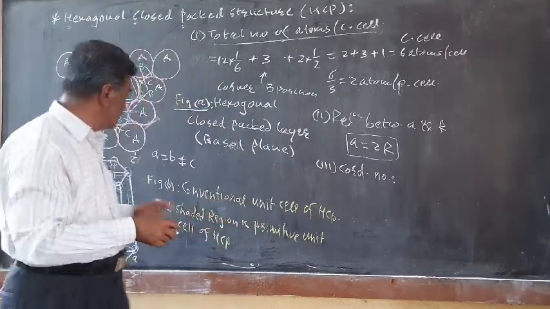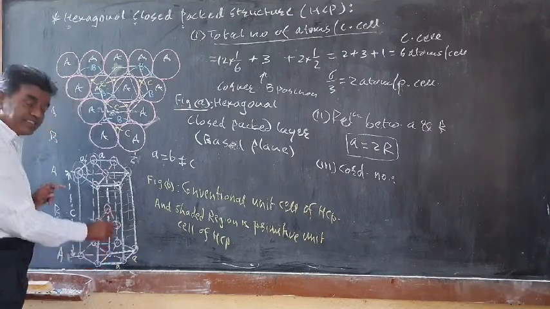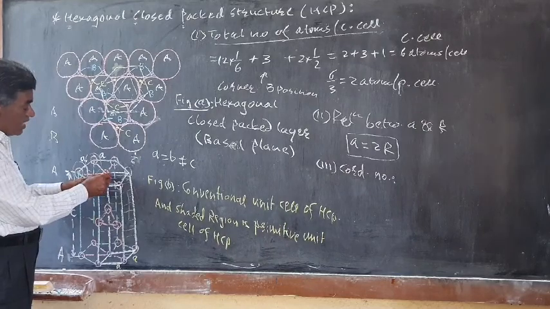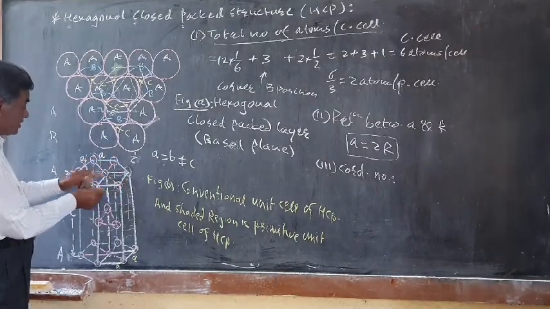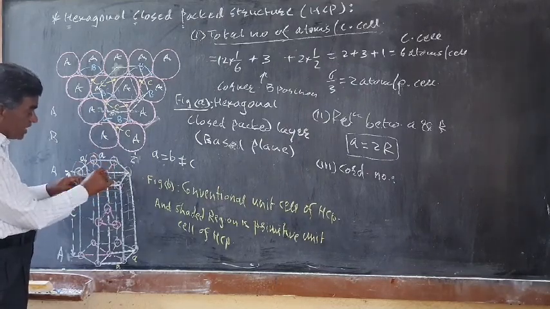So if the top or the bottom atom is considered as the reference atom, then it is surrounded by 6 atoms here. So these are the equidistant atoms.